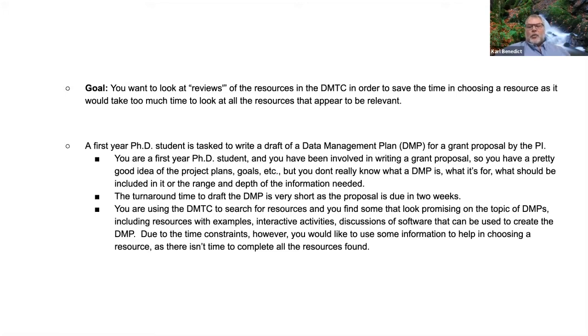So the first thing we want to do is talk about the starting point in working with the DMTC in terms of where you might look for assessment information.